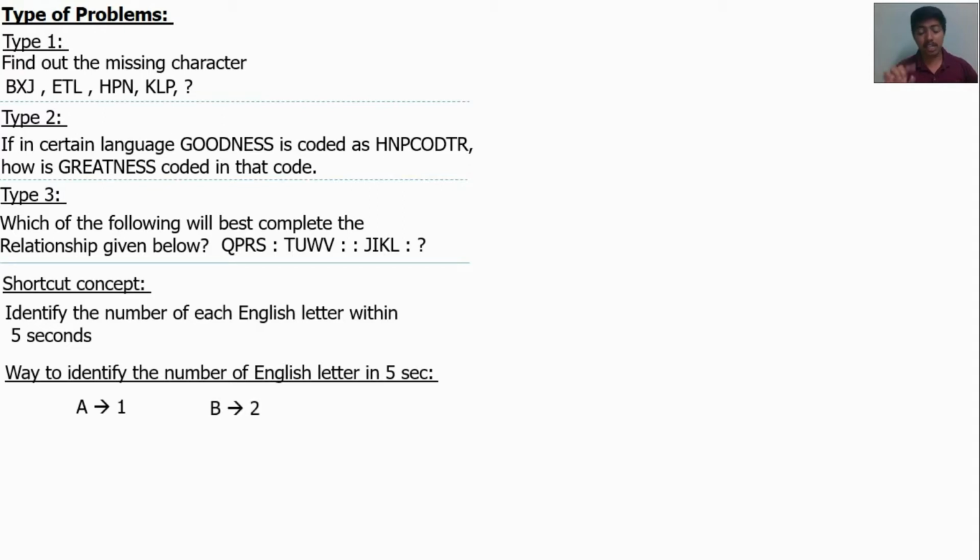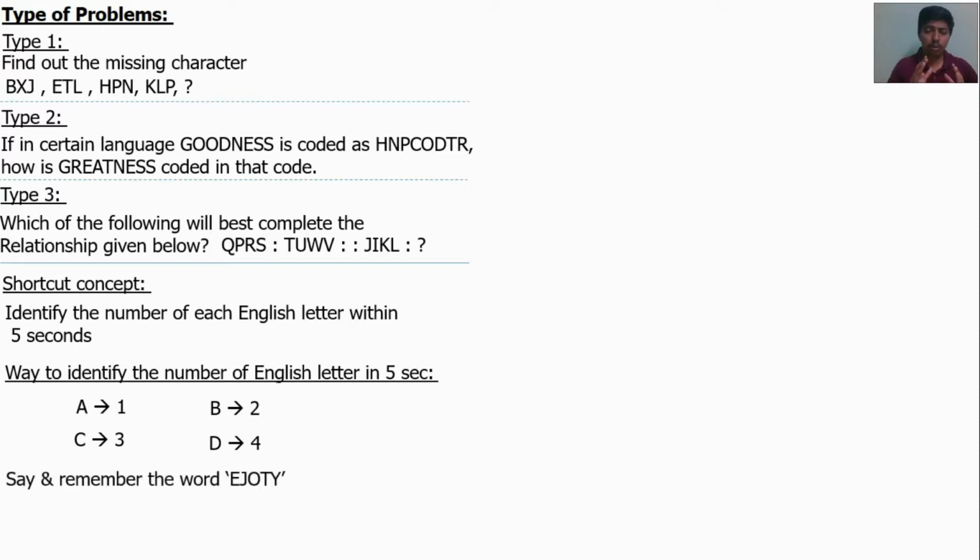B is second position. C is third position. D is fourth position. For the first four characters, we can easily tell the position. Finding the position of the next characters is somewhat difficult, so now I am going to give a tip to remember the position of English letters.